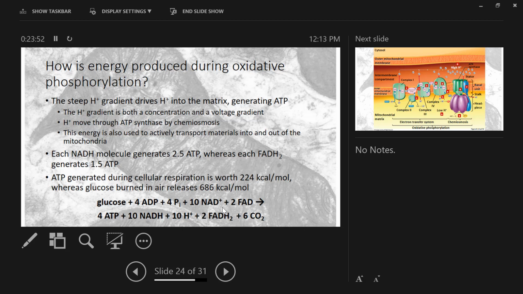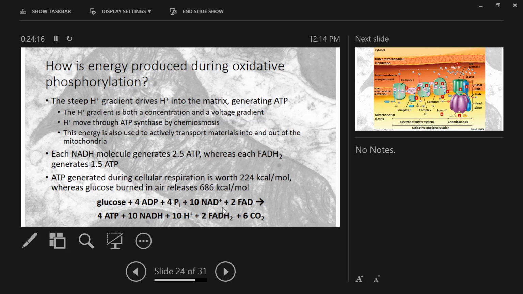All right. So this part we already talked about, so I just put the next slide in there with a lot of information. In complex 1, 3, and 4, and in ubiquinone, we pumped hydrogen ions against their concentration gradient, right? And so we set up a really steep concentration gradient. We also set up a voltage gradient.